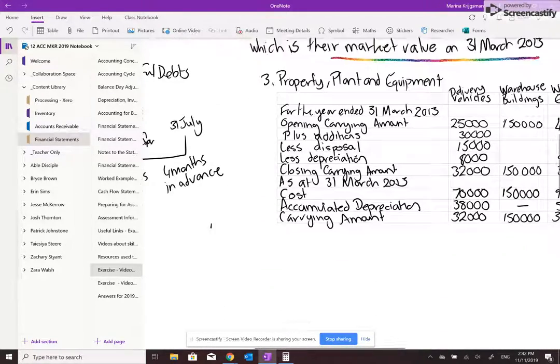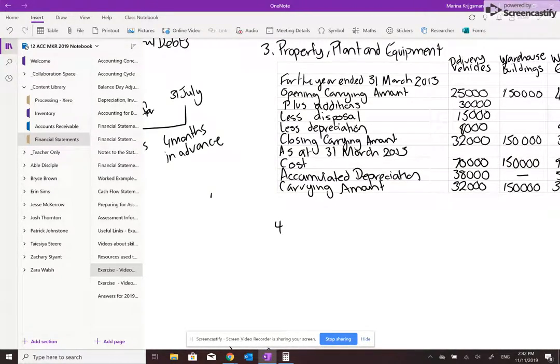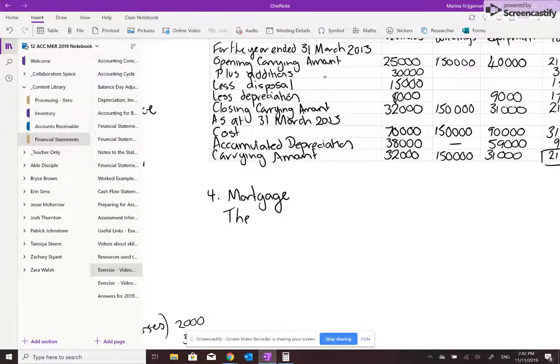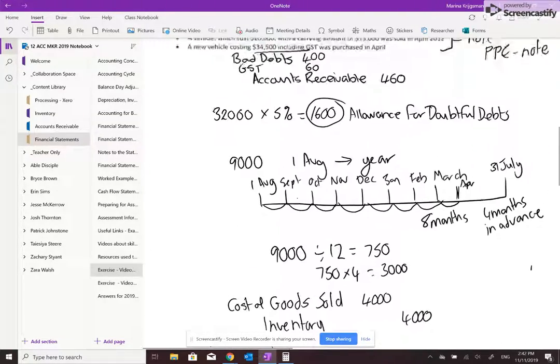Okay, so note 4 is about any loans or mortgages we have. Okay, so it's going to be mortgage, and we're going to write mortgage is an interest rate of, and we need to go back to our information to find that out.